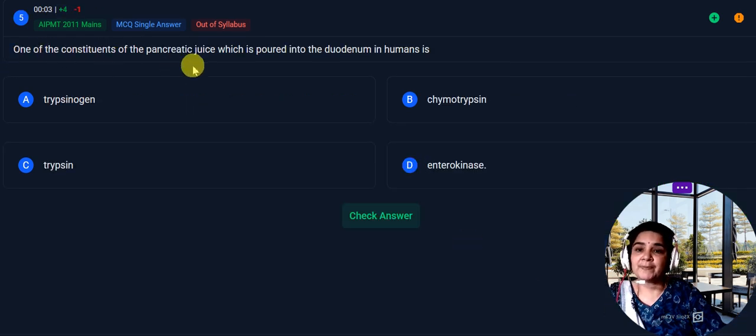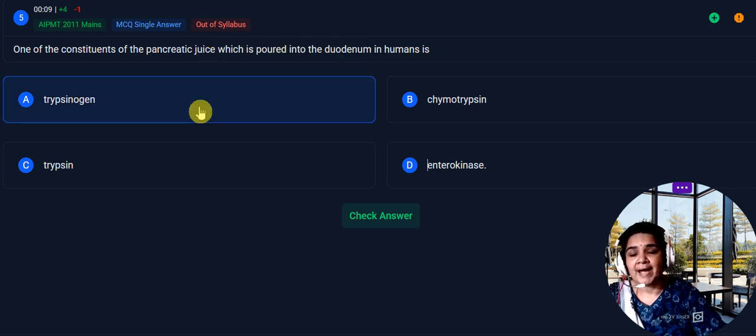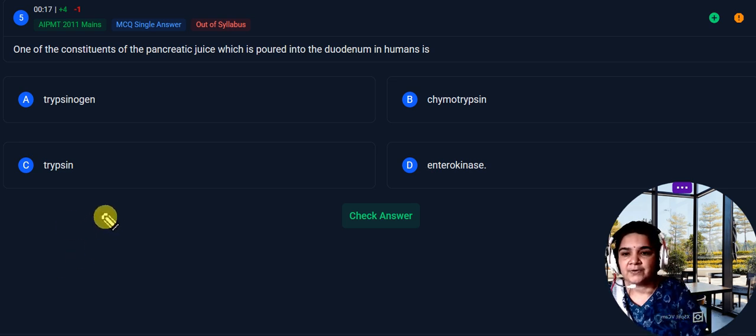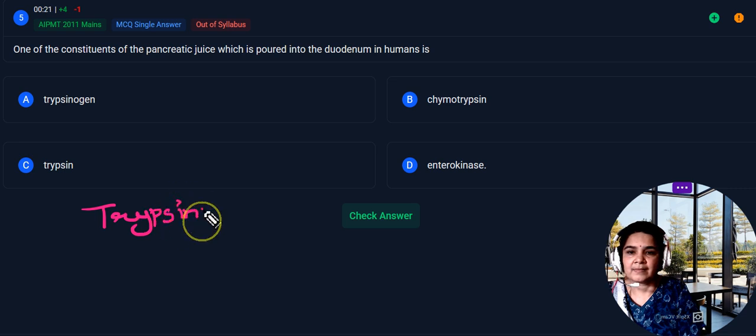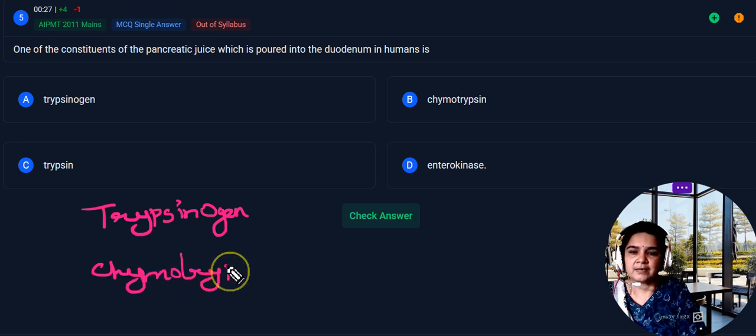One of the constituents of the pancreatic juice which is poured into the duodenum in humans is. So pancreatic juice produces what are called trypsinogen and chymotrypsinogen. Okay.